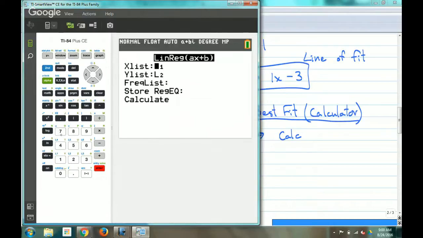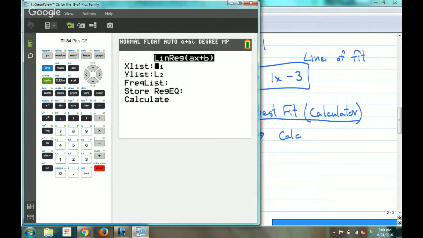Okay, then the frequency list should be blank. We'll talk about that when you take statistics, when that's used. And then it gives you the option to store the regression equation. We're just going to write it down because we're going to round it to a certain amount. Okay, so this would be storing it without rounding it at all.